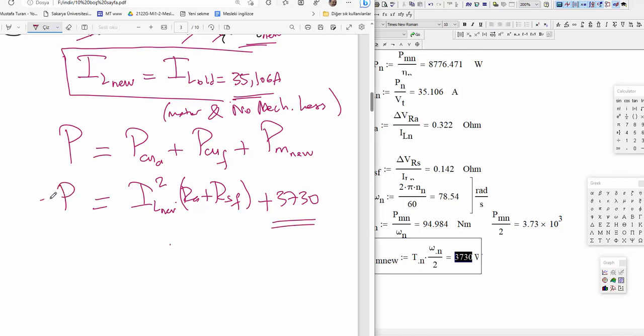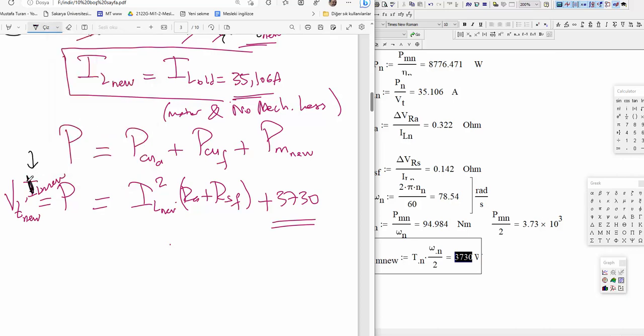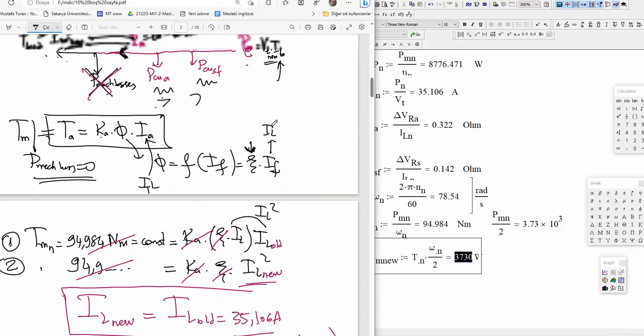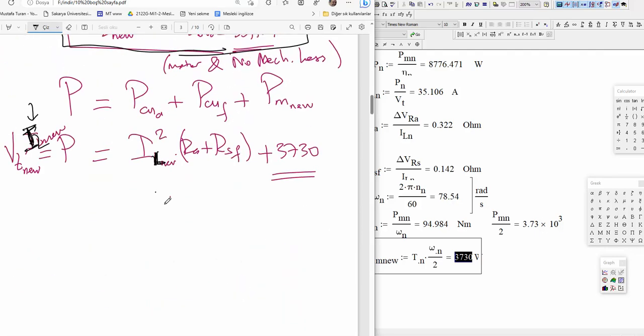That is the new input power, which must be equal to new voltage times new current. New. Houston, that is the old one. We know this. We have just deduced here, concluded here. So let's calculate input power.